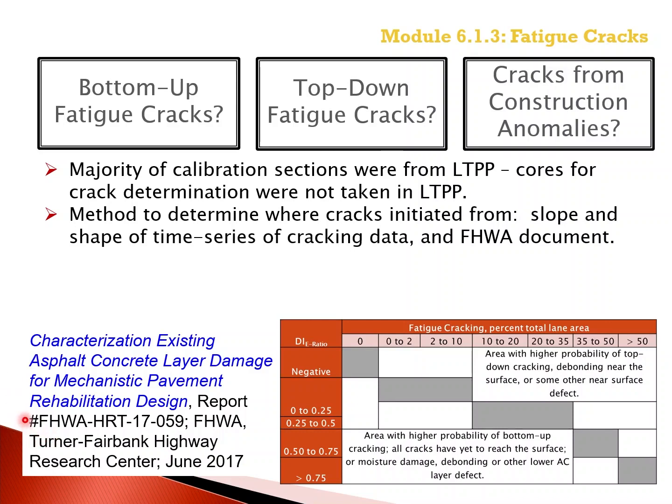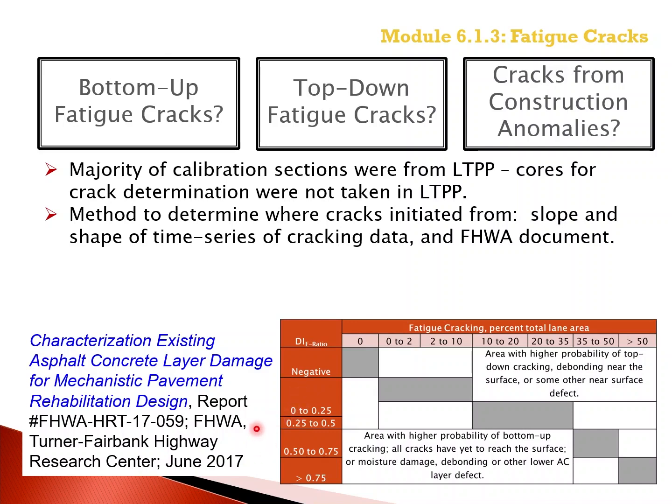The reference for the FHWA report is displayed on this slide, report number HRT-17-059, as well as the table which summarizes the overall guidance in determining or estimating whether the cracking at the surface is top-down or bottom-up. This table will be included in an expanded form on the next slide.